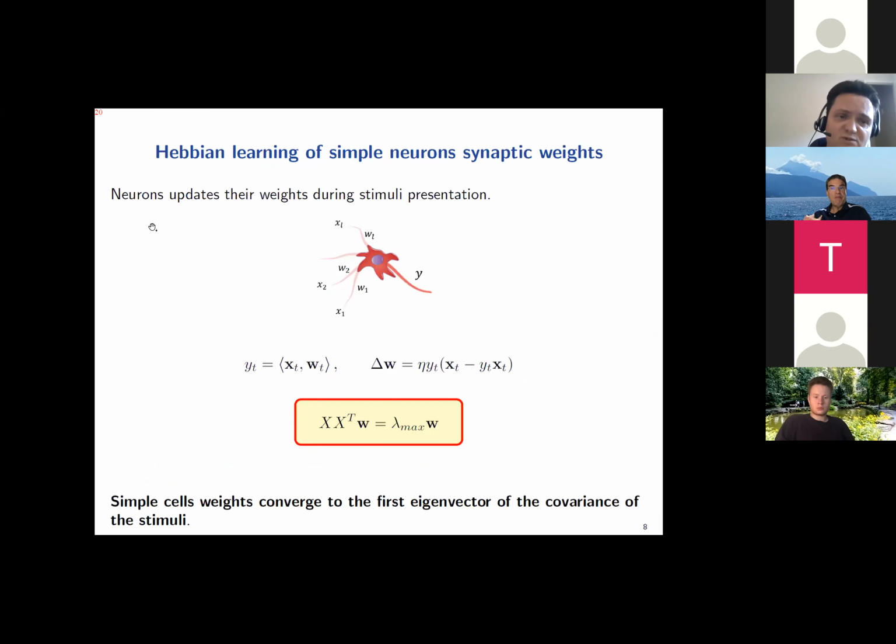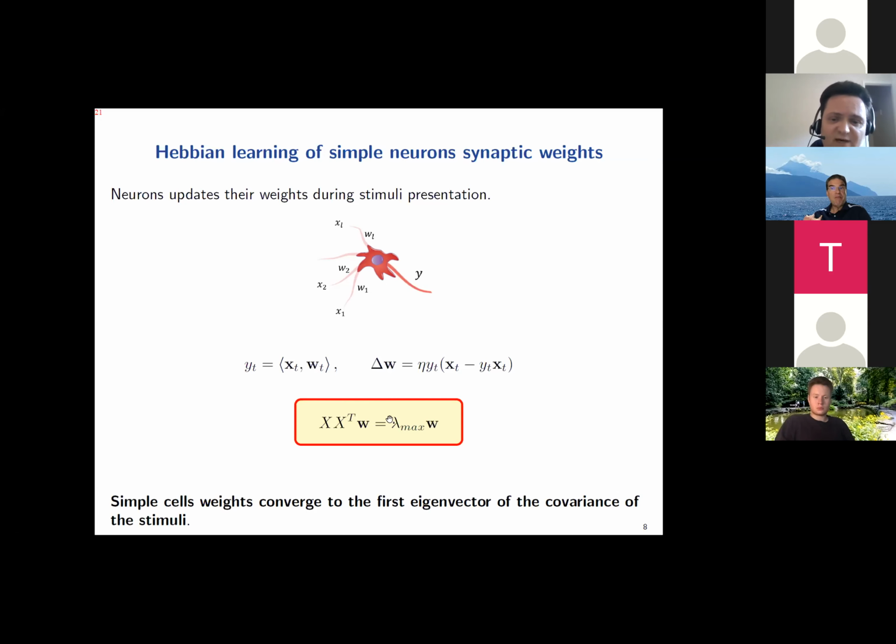Of course, neurons update their weights during stimuli presentation, and as a rule for their updating, I consider the Hebbian principle, so neurons that fire together link together. And in particular, I'm considering a variation of that rule, which is called Oja's rule, which is a form of Hebbian rule in which the updates are normalized to have norm 1. But just to give you the gist of what this rule is doing, it is an online version of PCA.